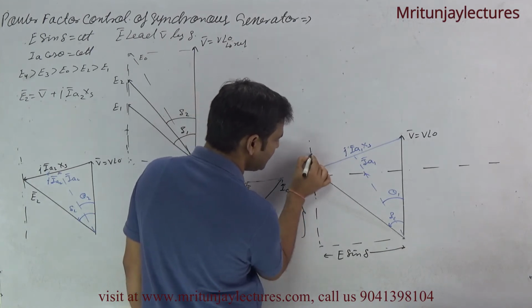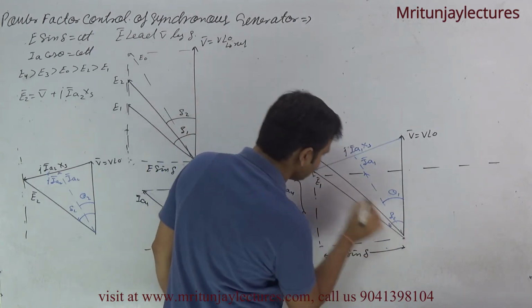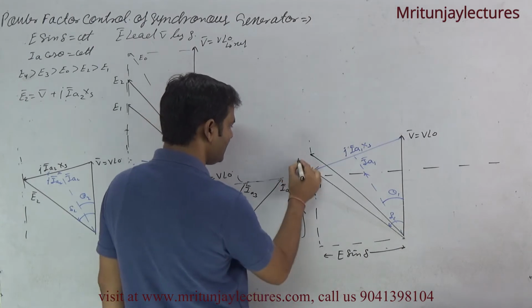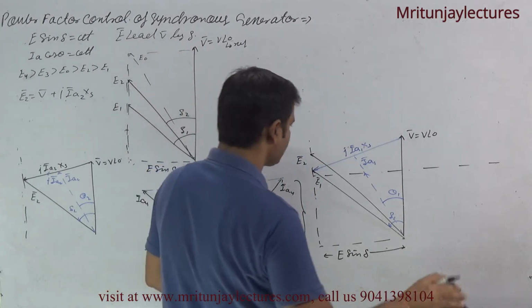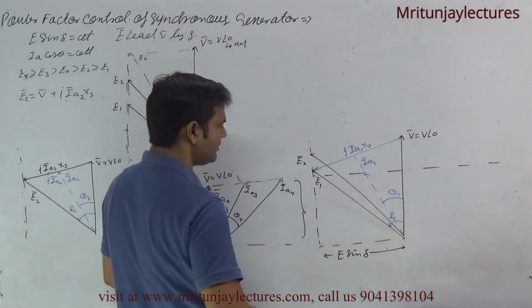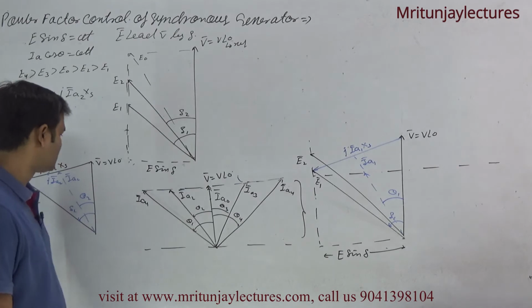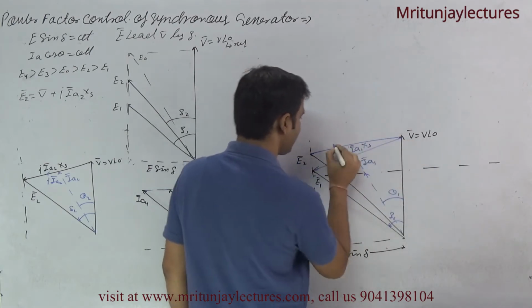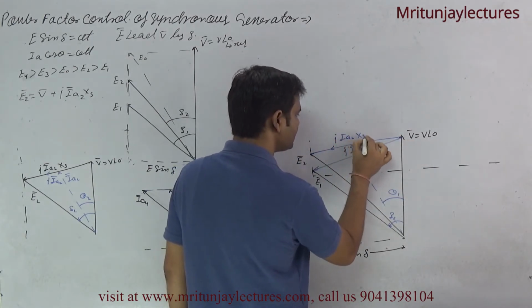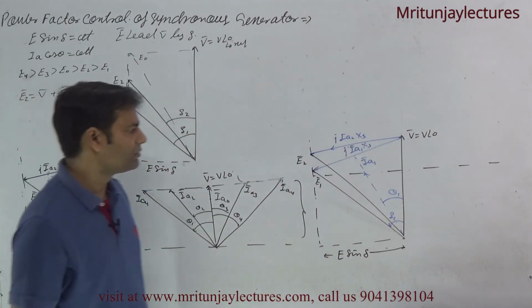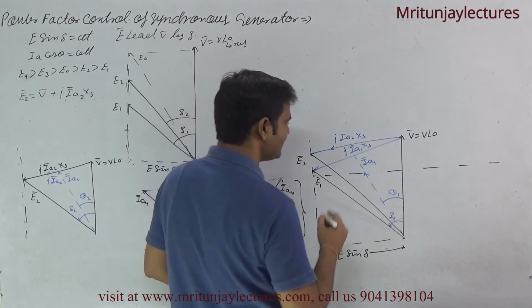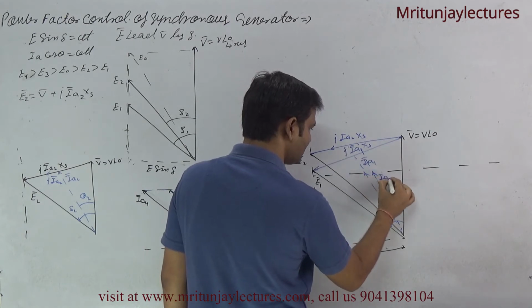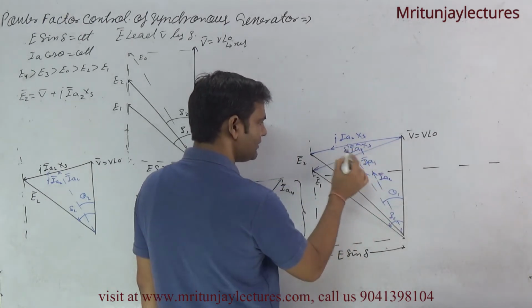If you draw E2 here, like this, then this is E2, and this one represents j Ia2 into X, and the current corresponding to this is Ia2.